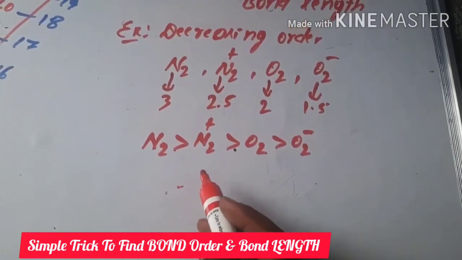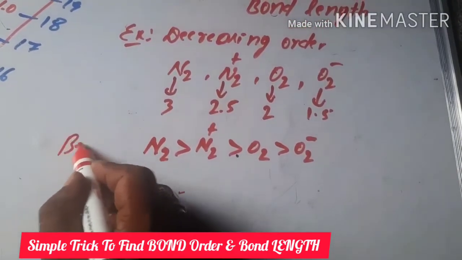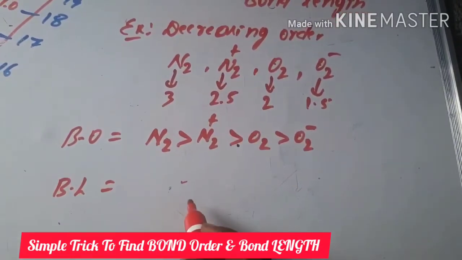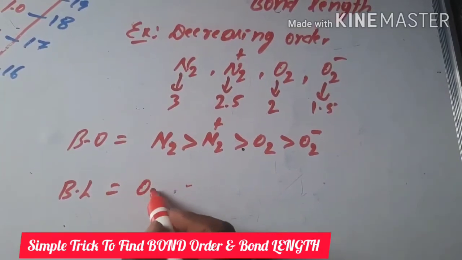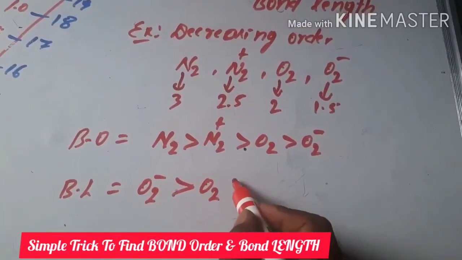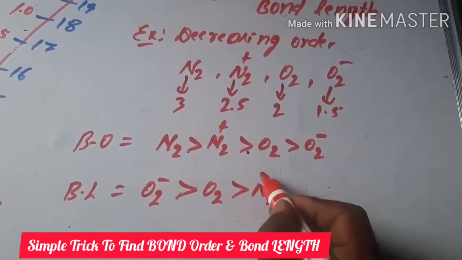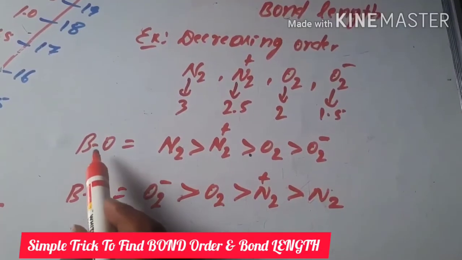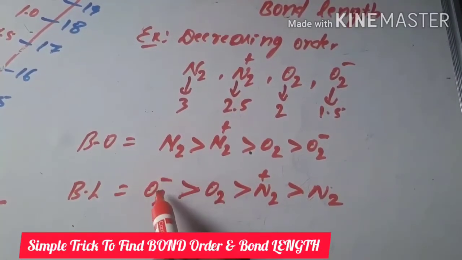Then for the bond length in decreasing order, you can mention it like this, reversed: O2 minus greater than O2 greater than N2 plus greater than N2. So the higher the bond order, the shorter the bond length.